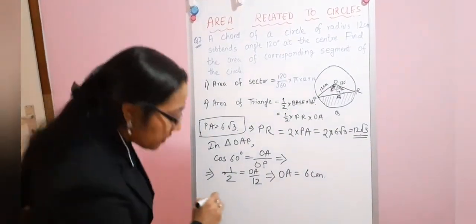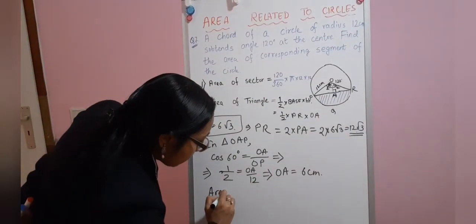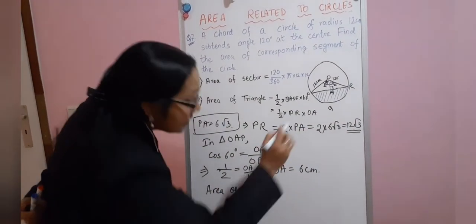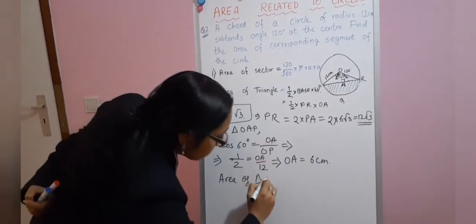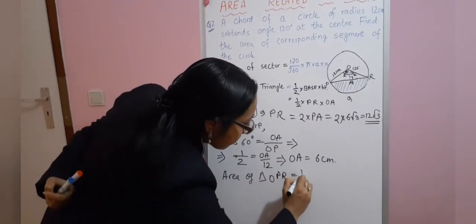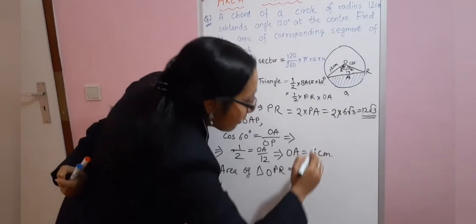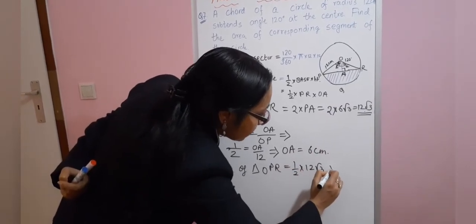So what will be the area of the triangle? So finding out the area of triangle OPR: half base times altitude. Half base is 12 root 3 times 6.